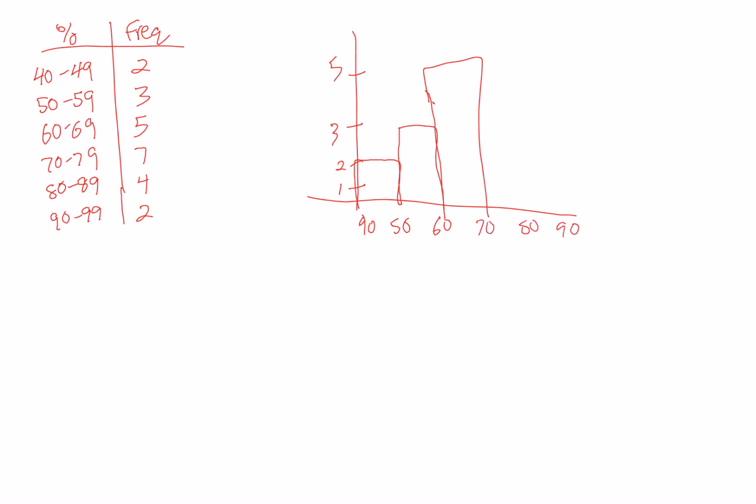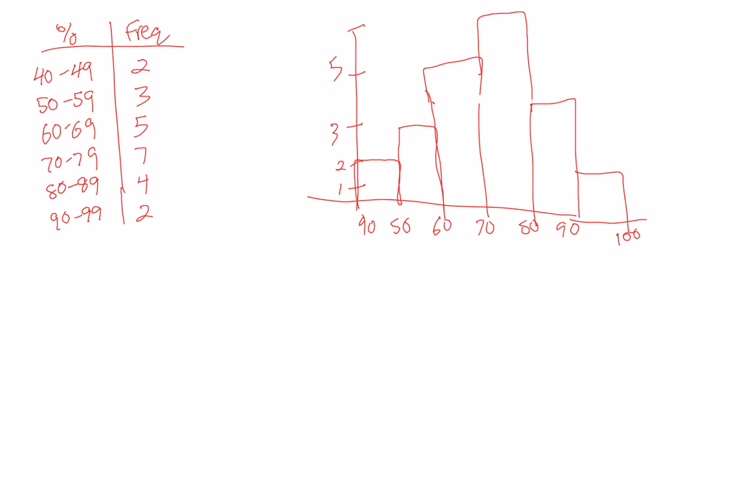Oops, I messed up. 70 to 80 was 7 people. So that one was higher. And then 80 to 90 was the 4, and 90 to 100 was 2. So you can see we can get a histogram that shows that data pretty well. So we can see what the pattern or the trend is in a graphing form.